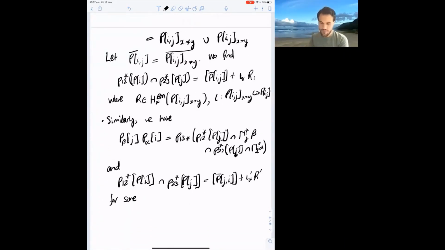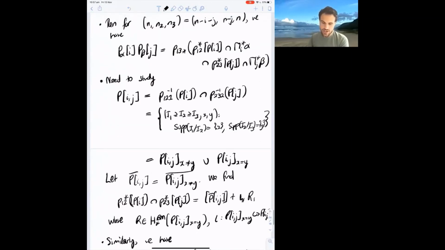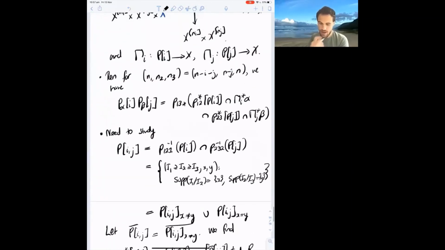Okay. So sorry, just to confirm what Emily is saying, we have n1, n2, and n3 like this. And I think that n2 is meant to, yeah, as Emily says, it should be n minus i here. So actually the notation looks the same, but maybe I should put primes on the projections or something.